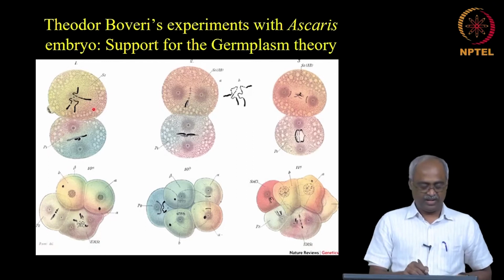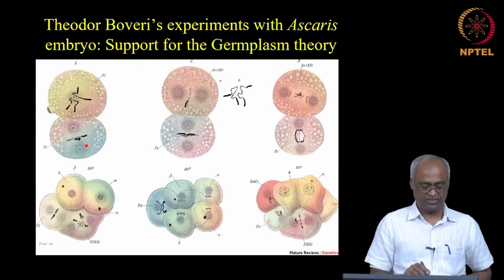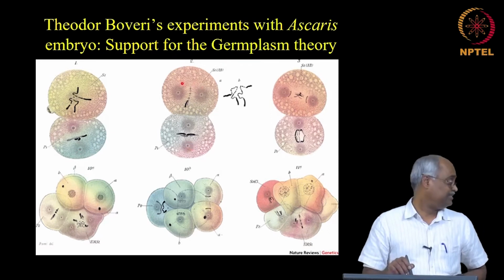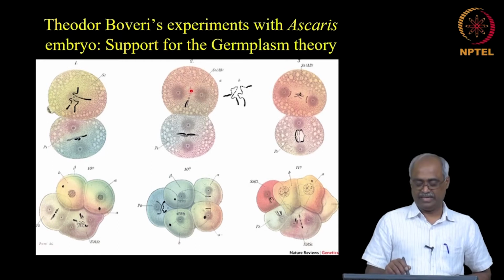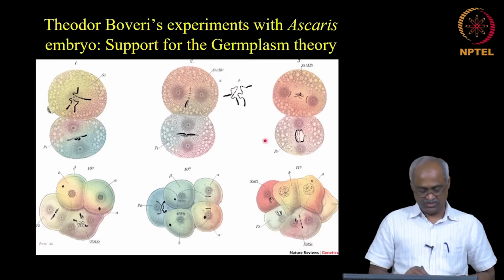Here, in the first one, this bottom one is going to be the future germline. You have the chromosomes here, and go to the next one. When this top cell is setting up the next spindle for the next division, you see the chromosomes are breaking, while here it remains intact, and you go through this over division.